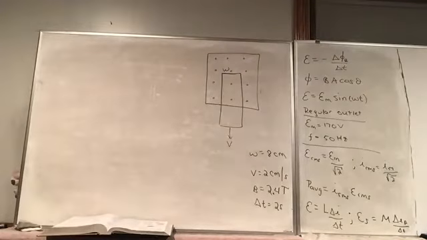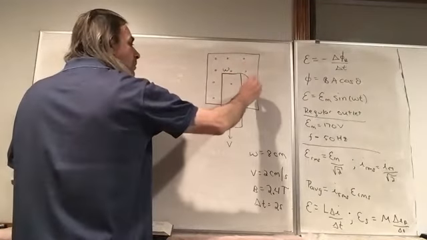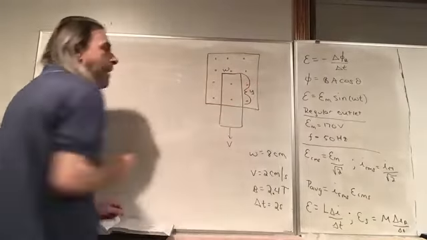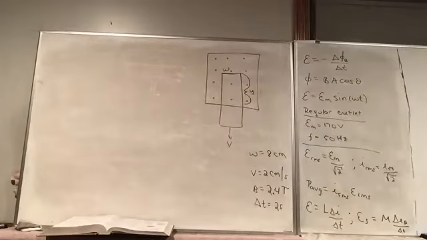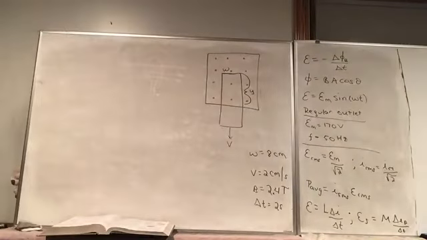They don't tell us the length, but we don't need that. Okay, so right now, this is all the information we were given. Let's call that Y, the amount of this rectangle that is in the magnetic field. We don't know what that is, but it doesn't really matter.